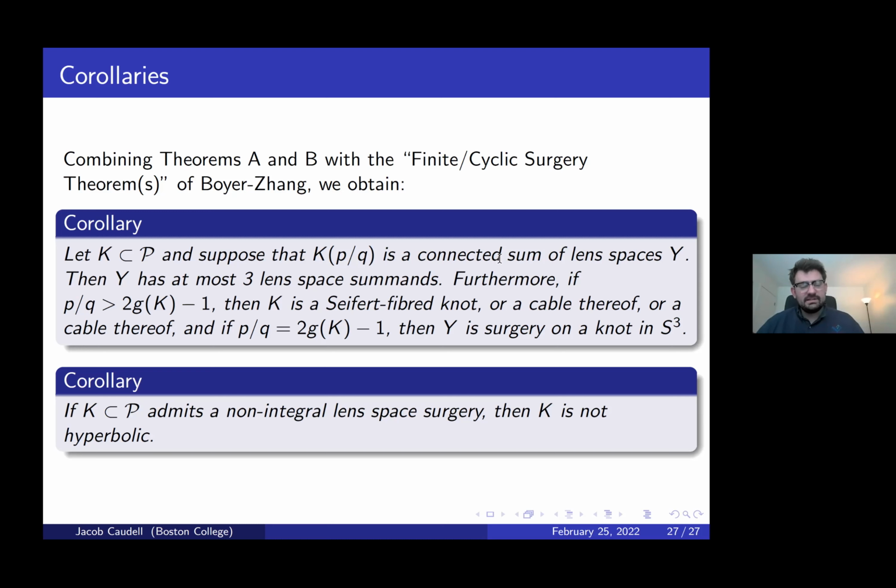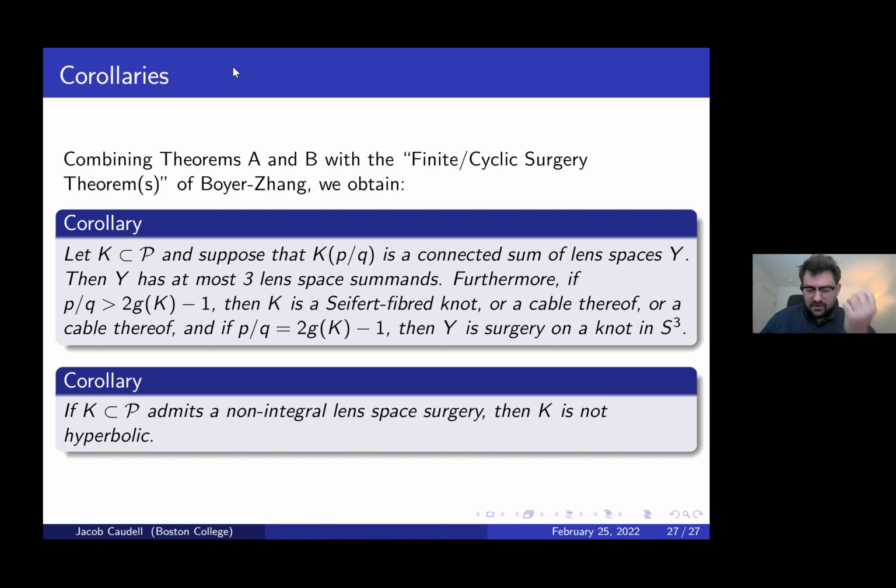So what happened was, due to this finite cyclic surgery theorem, the only open case, the only possible way that a hyperbolic knot could have a non-integral lens space surgery was if it had a half-integer lens space surgery.